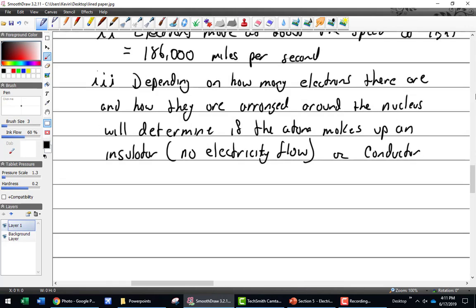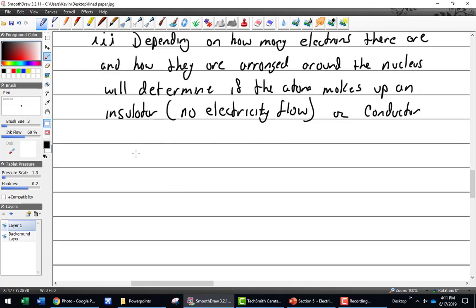So I'm telling you, depending on how many electrons there are, well, let me think, do I want to get into that? Yeah, we'll do that right now. So depending on how they're arranged, the arrangement is a formula called 2n squared. I know, I'm getting into math right now. The 2 is a constant.